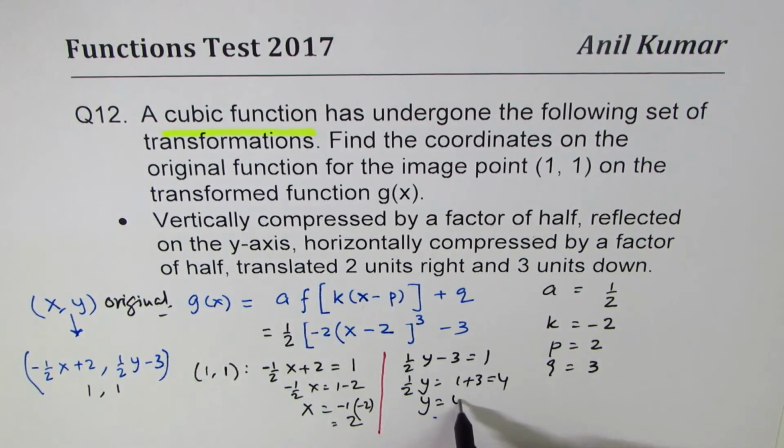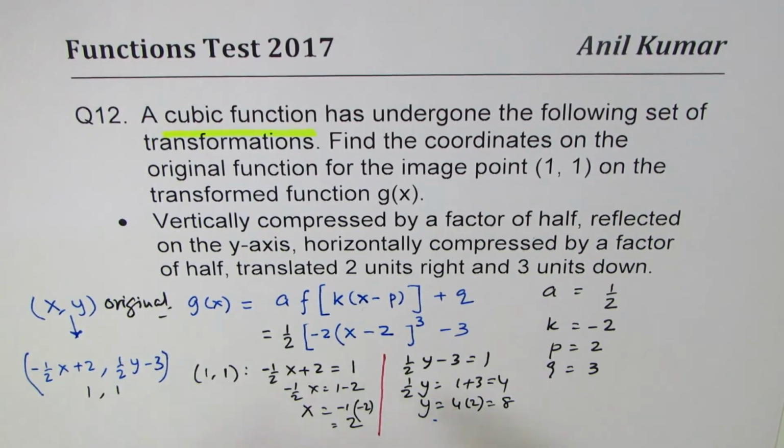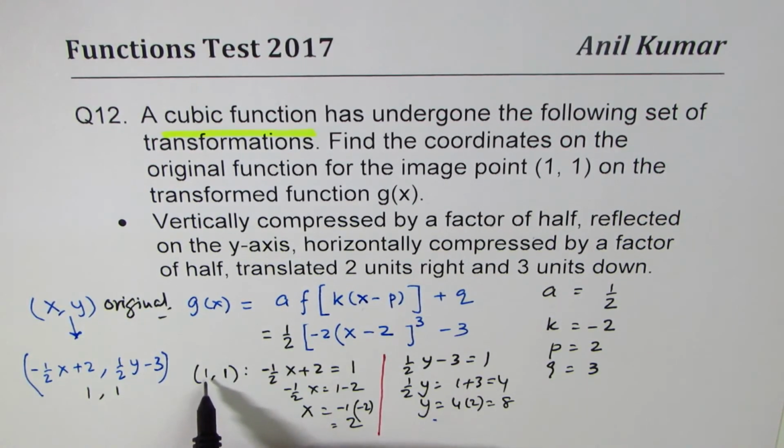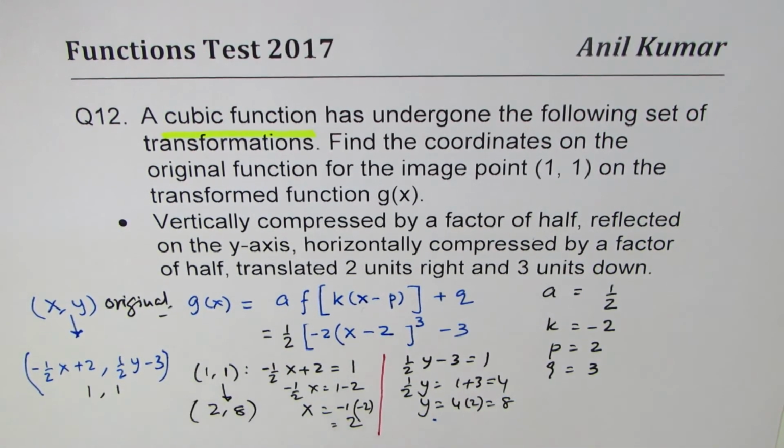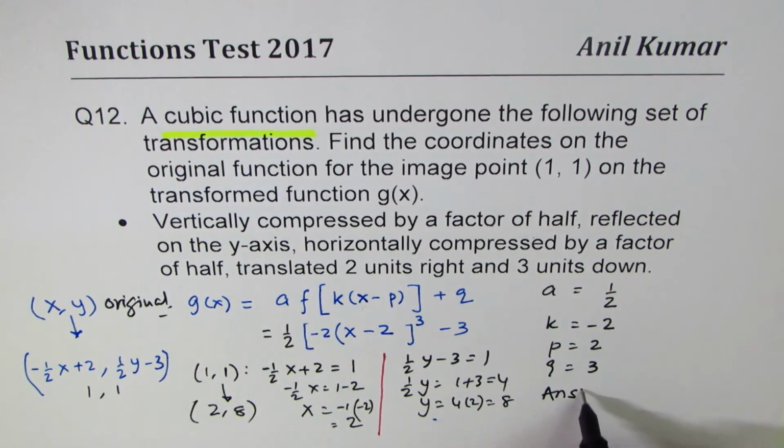So y equals 4 times 2, which is 8. Correct? Therefore, the image point (1, 1) was originally at (2, 8). So that is the answer. On the original function, the point was (2, 8).